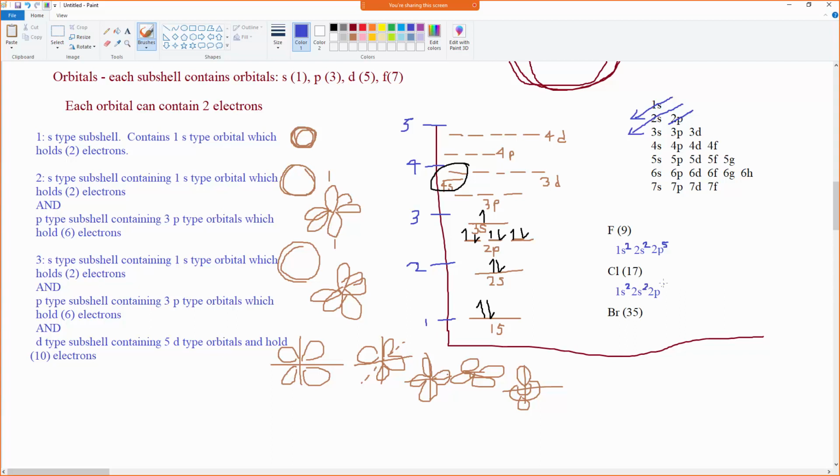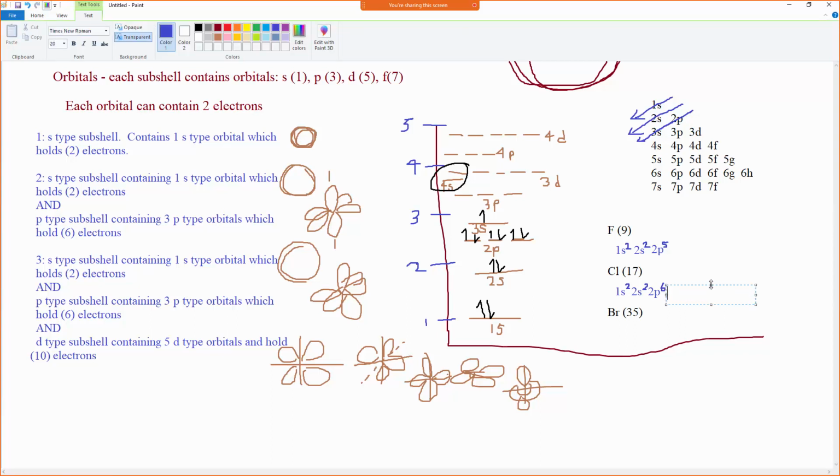But now we can fill all 6 of the spots in the 2p orbital. So that's 10 electrons. And now we have 7 more, so we're going to keep going. We're going to fill that 3s spot, okay? So keep going. We've got a 3s, and it can fit up to 2.